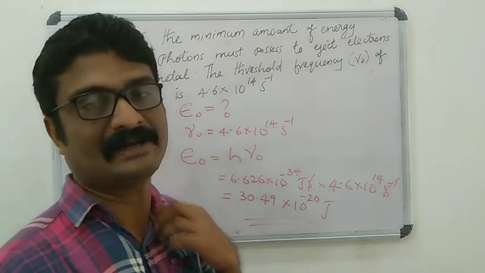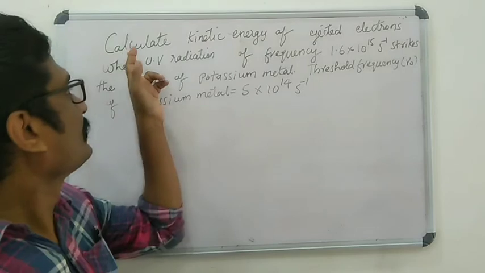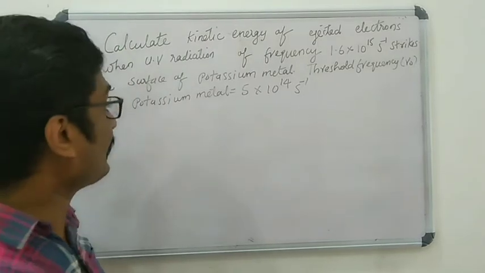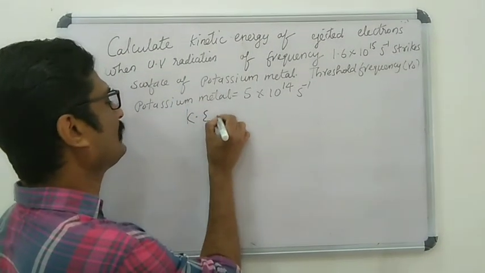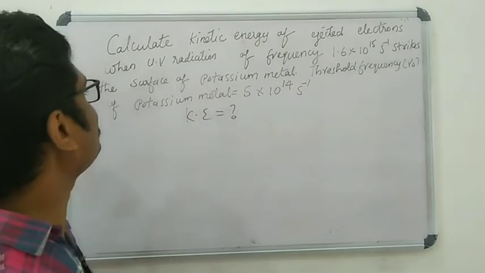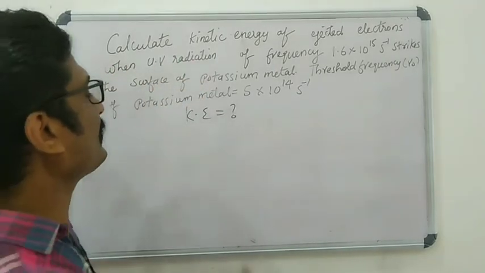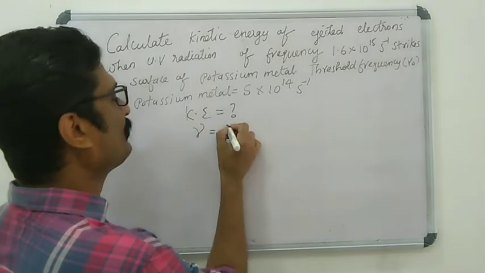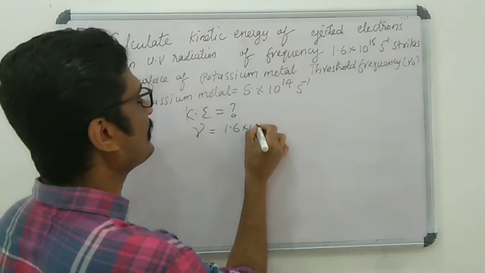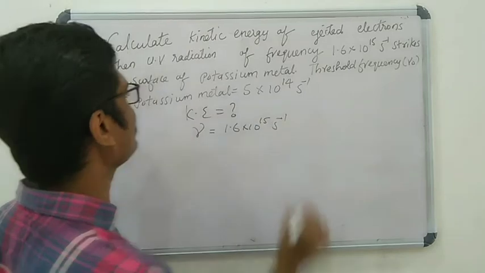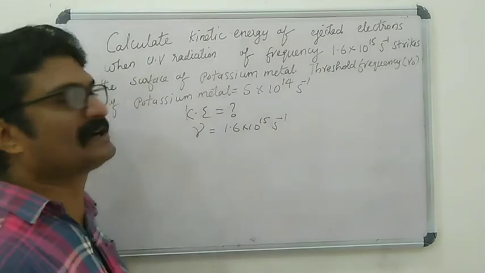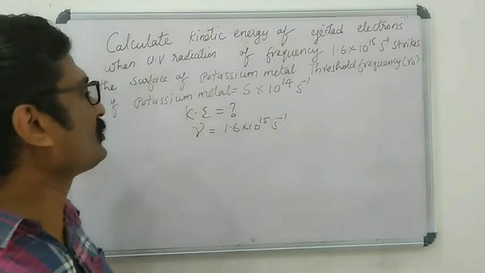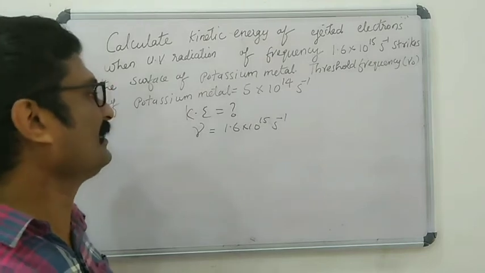Next problem. Calculate the kinetic energy of ejected electrons when UV radiation of frequency 1.6 into 10 raised to 15 second inverse strikes the surface of potassium metal.